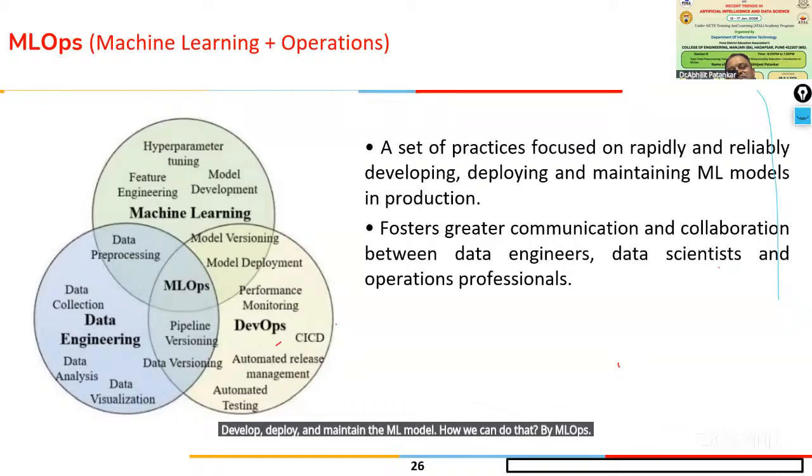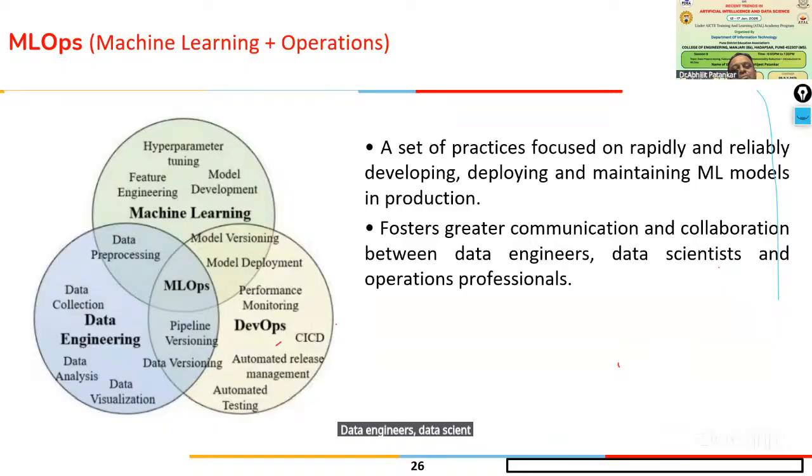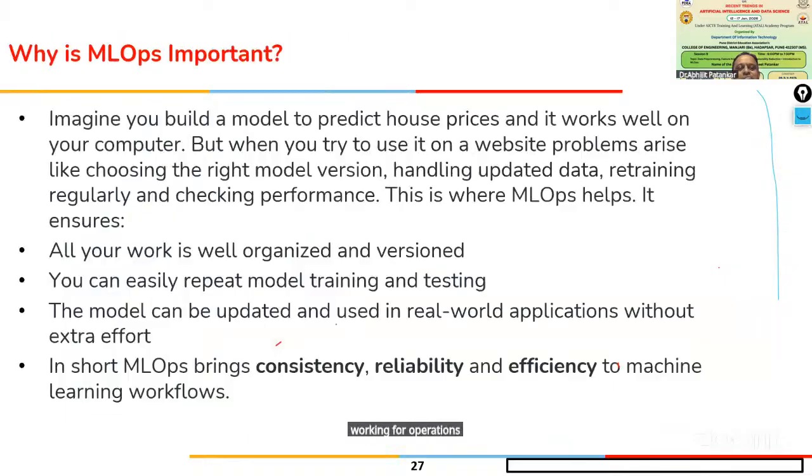Rapid means without delay, we create and develop the model, deploy the model, and maintain its flow. It fosters communication and collaboration between data engineers, data scientists, and operations professionals. So it is an activity handled by data engineers, data scientists, and those who are working in operations. They are managing that.